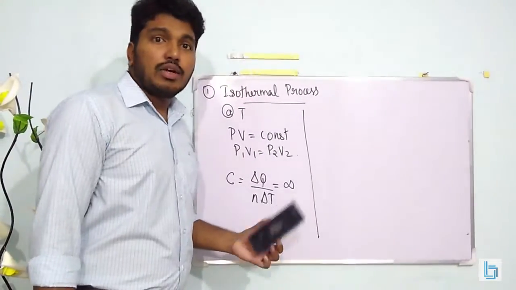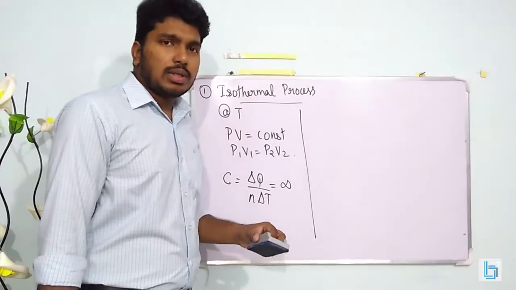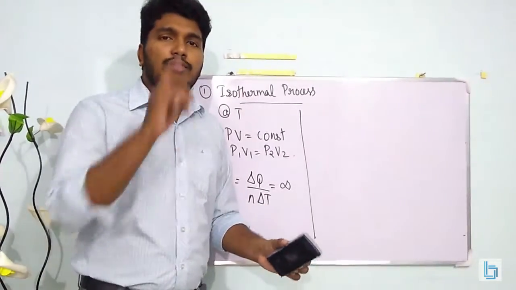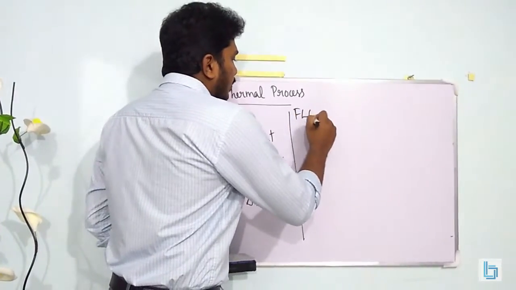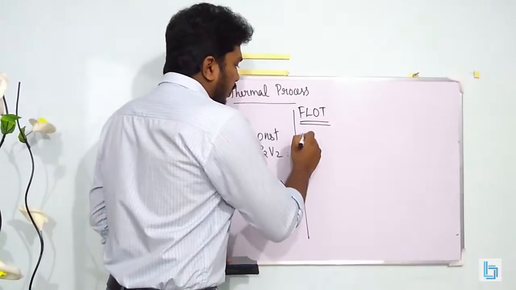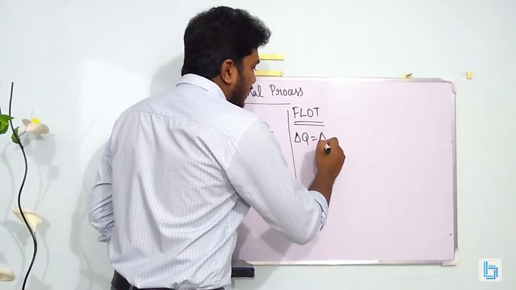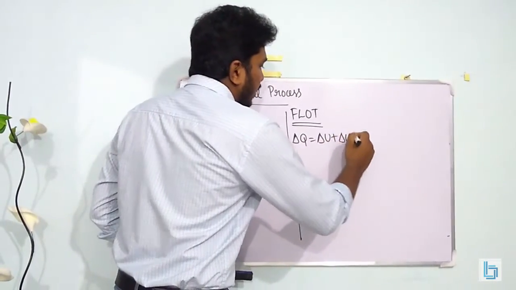Now let's apply FLOT. What is FLOT actually? It is the short form for the first law of thermodynamics. So let's apply it over here. Applying it, what do you get? You know that delta Q is equal to delta U plus delta W, right?